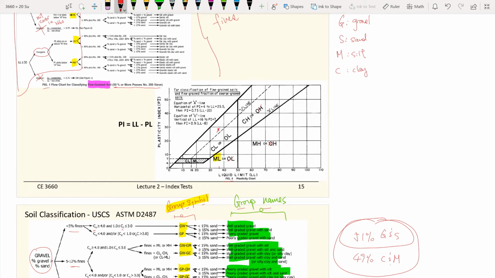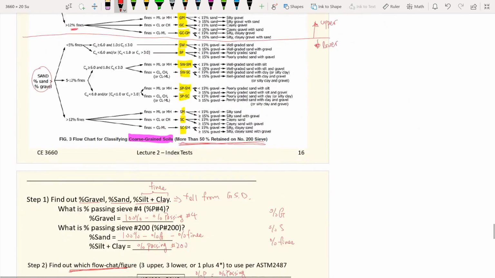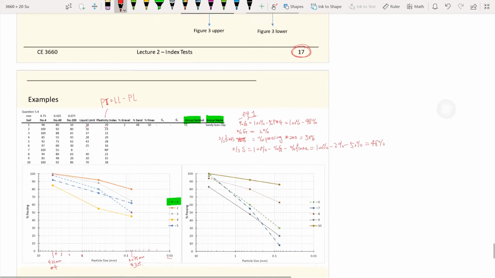So we are at this point, and this point is within the box right here. So it's a CL material. Again, we don't assume we have any organic content because organic content is out of the scope of this class. So this is a CL material. The group symbol is CL.